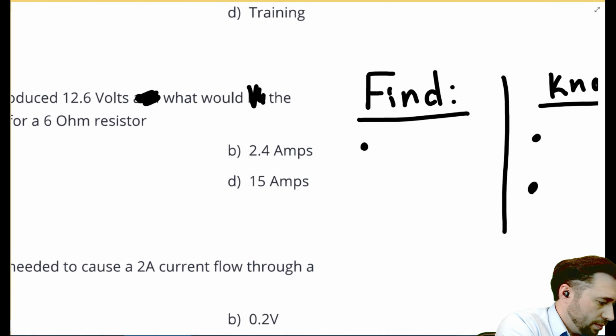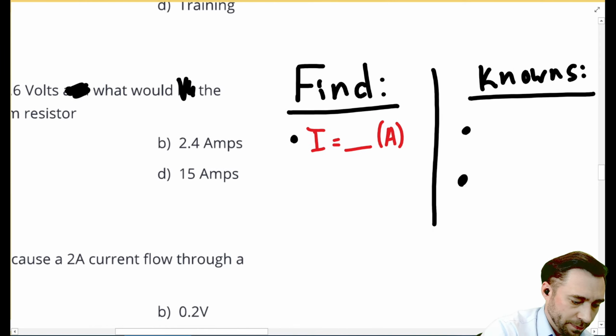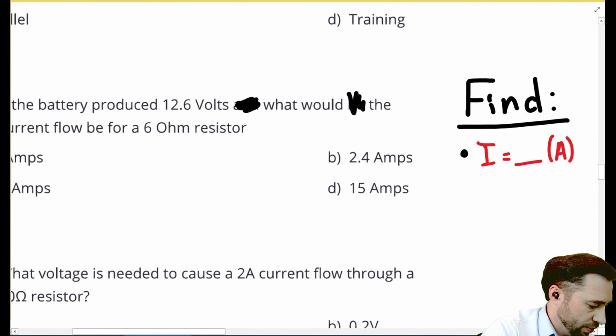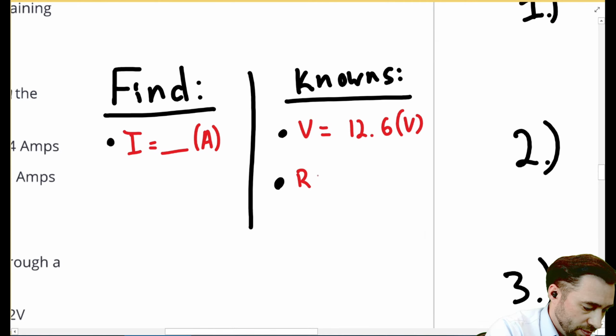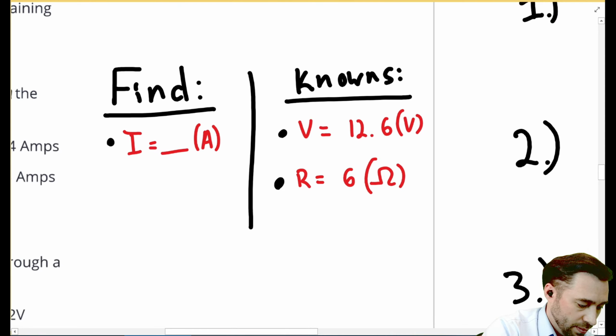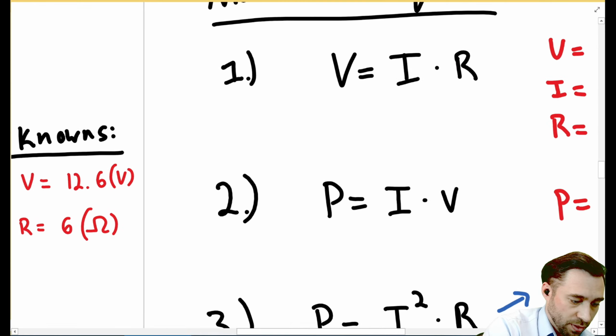Actually, let's do the thinner one. The current. Then you have amps. And then we know the voltage is 12.6 volts. And then the resistance was 6 ohms. All right, so I'm solving for I, and I am given V, and I'm given R. So we're going to be using this first equation.